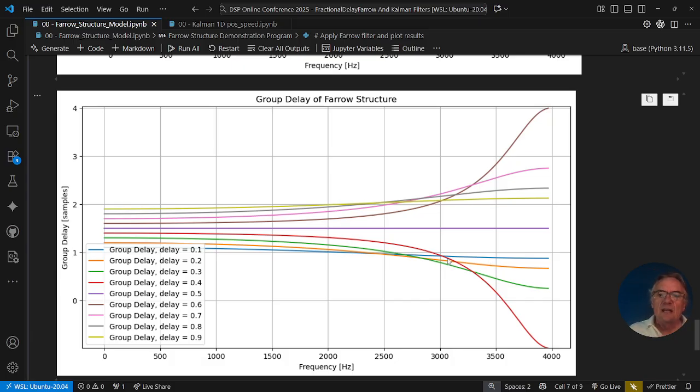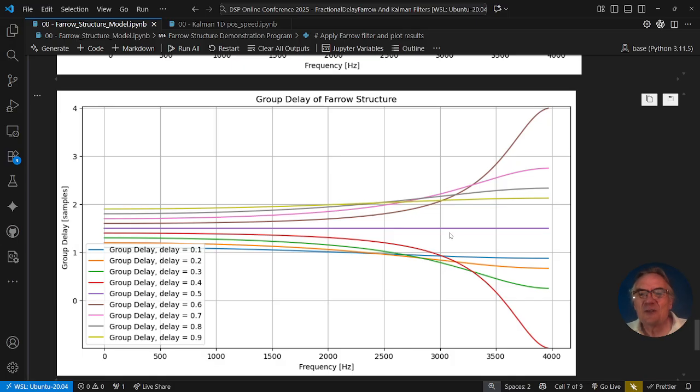So what does this mean? What it basically means is if you want full bandwidth, fractional variable group delay, you might need to implement a higher order filter. You can easily do that. You've got the equations in the slides.